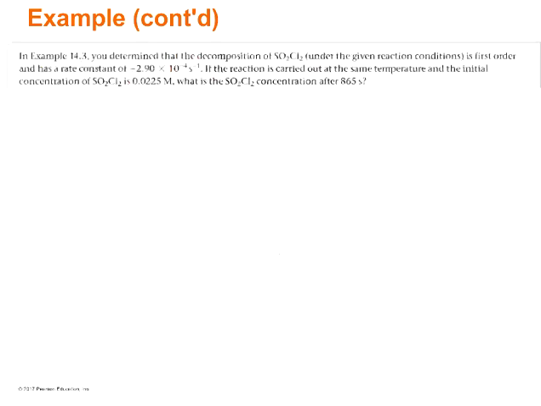Okay, so this is a first order reaction, so let's write out the integrated rate law for a first order reaction. And instead of the concentration of A, I'm going to write the concentration of SO2Cl2, since that is our reactant.